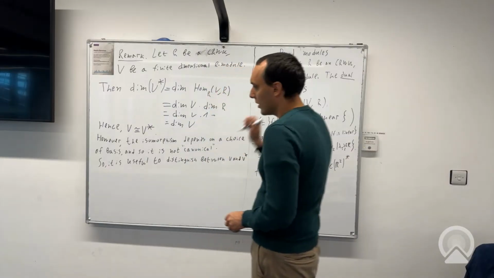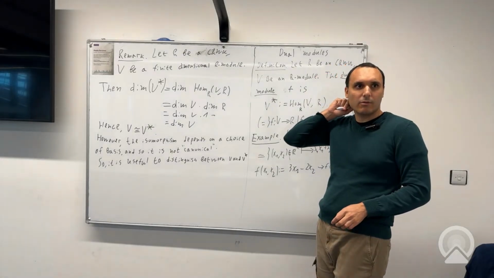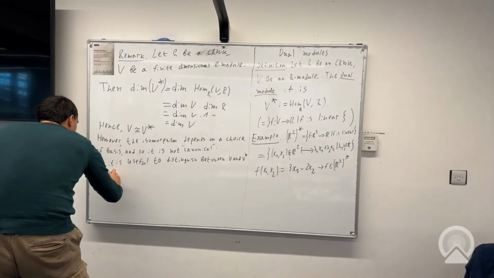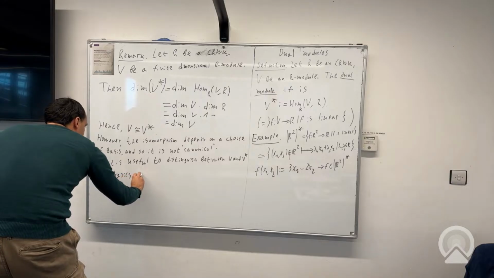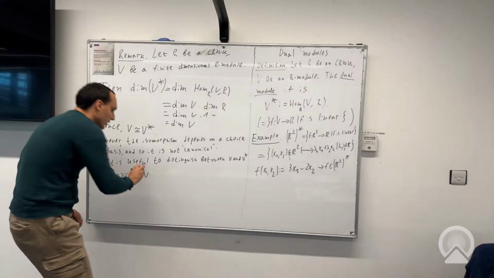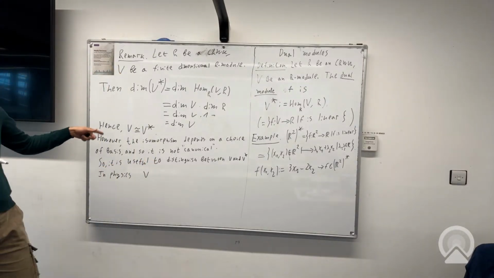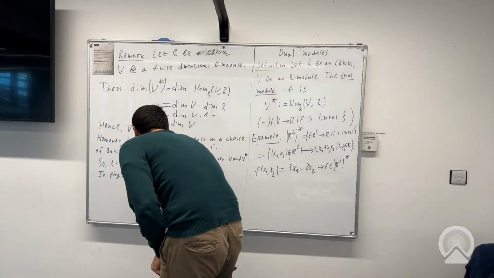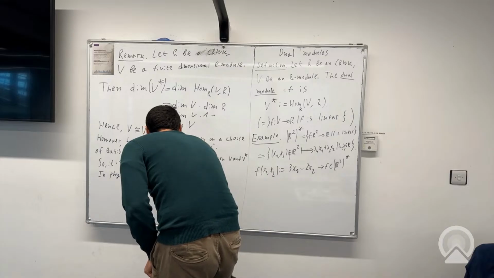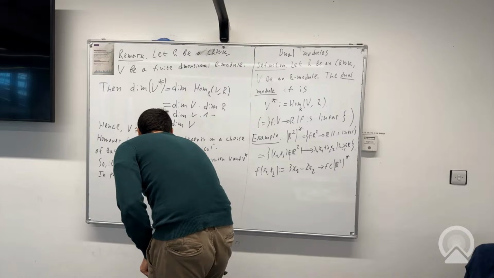In physics, I think they say that V are contravariant and V star are covariant, something like that. Of course, if you start with contravariant, the dual will be covariant and so on. And I'll show later that if you take the double dual, you get the initial one canonically. So V is contravariant and V star covariant.